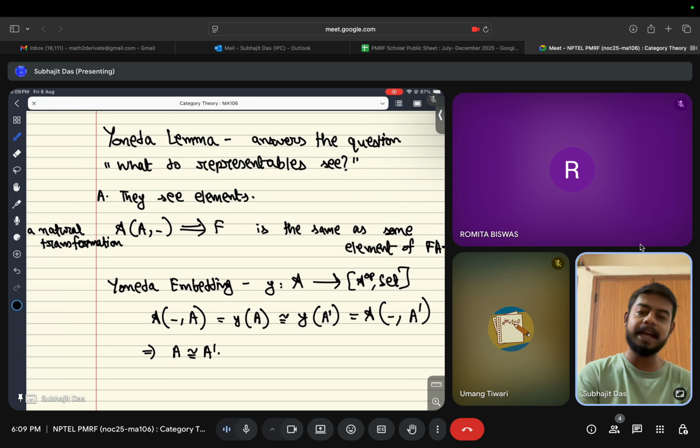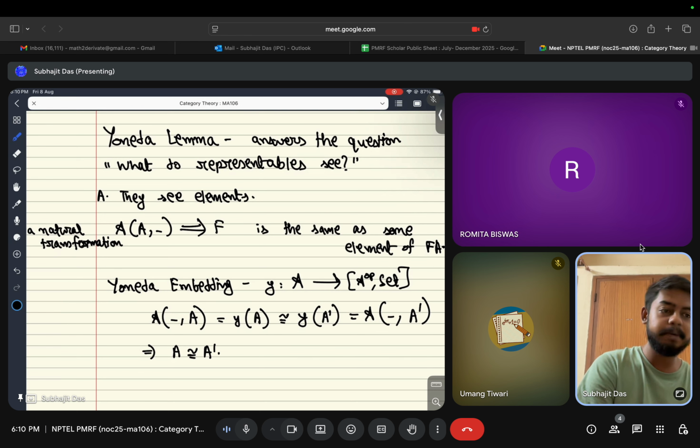And not only so, the isomorphism at the level of functors is induced by an isomorphism at the level of objects, right? But forgetting that for the time being, the idea is that fully faithful functors reflect isomorphisms, in the sense that if you start with a morphism in script A, take its image in the functor category, which is a morphism in the functor category and therefore a natural transformation in the functor category.